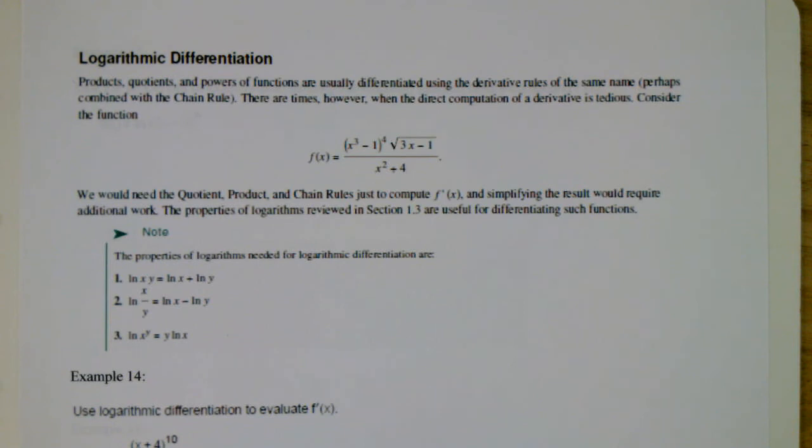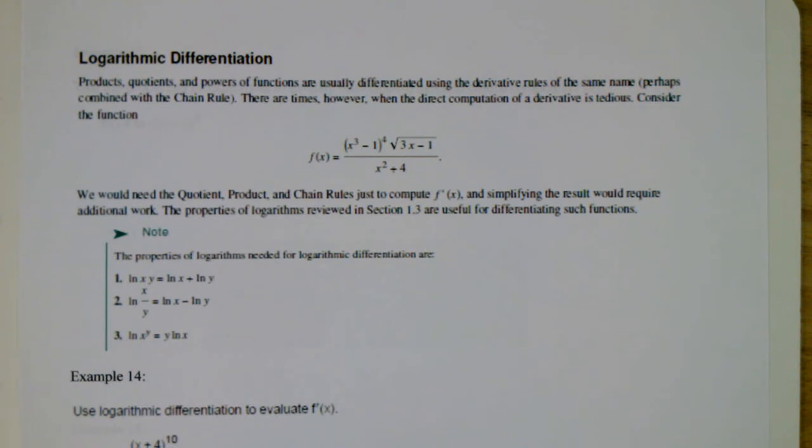Like if you had f of x equal to x cubed minus 1 raised to the 4th times the square root of 3x minus 1 divided by x squared plus 4. With something like that, you have to use the quotient rule, the product rule, and chain rules just to find out what f prime of x is going to be. And simplifying it would require additional work, and it can be time-consuming.